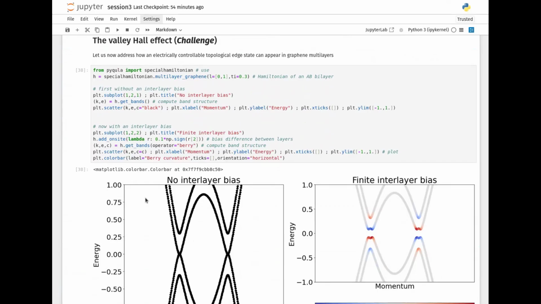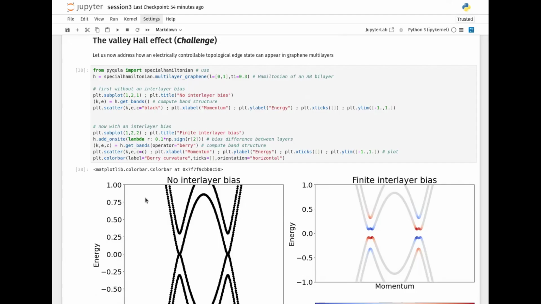And so the whole idea is that if you have a system that has several Dirac equations, you can define independent topological invariants for each Dirac equation. And if you are in a situation in which the different Dirac equations are decoupled, then you can have topological states for each Dirac equation that are independently protected, as long as there's no scattering between the different Dirac equations.